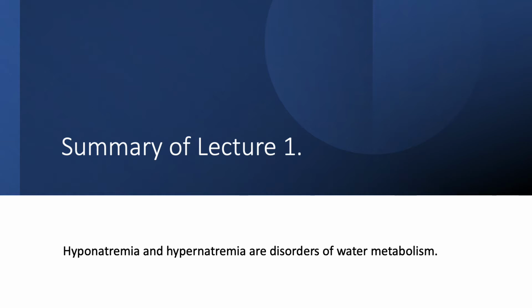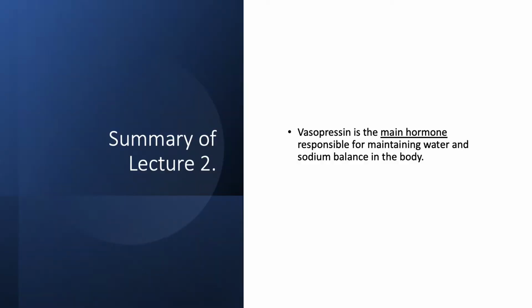So we should think of the imbalance between sodium and water. In Lecture 2, the focus was that vasopressin, or the antidiuretic hormone, or ADH, same thing, is the main hormone responsible for maintaining water and sodium balance in the body.